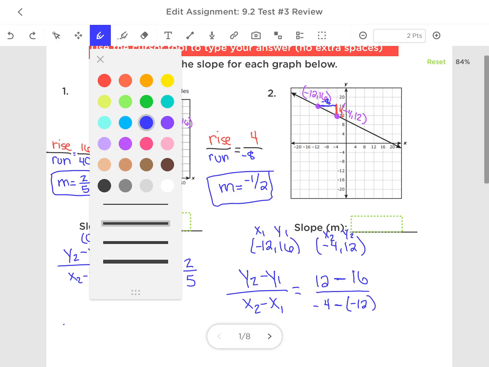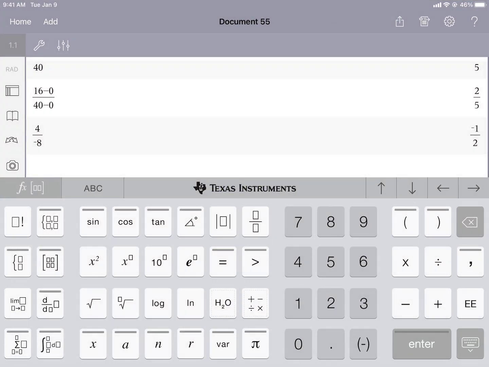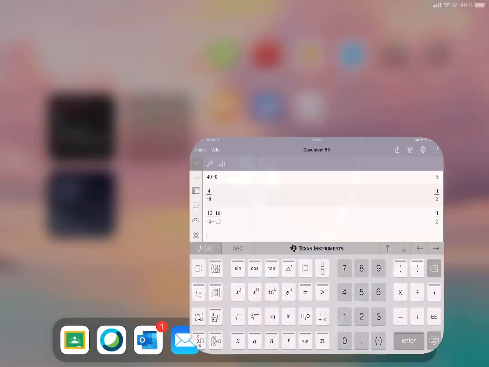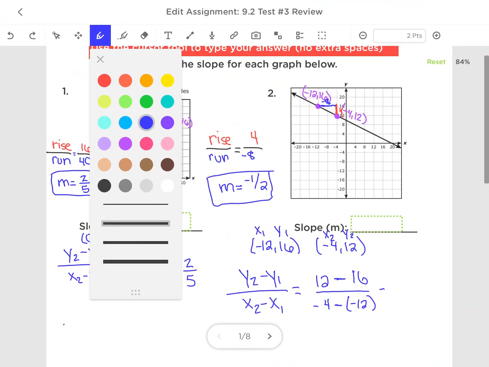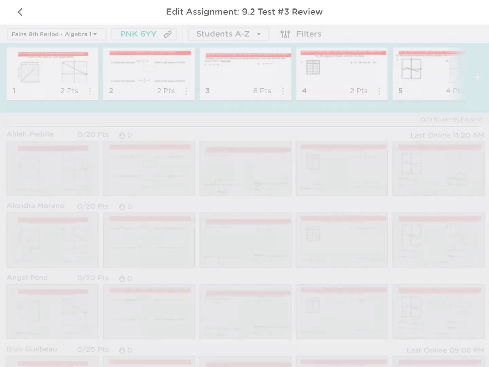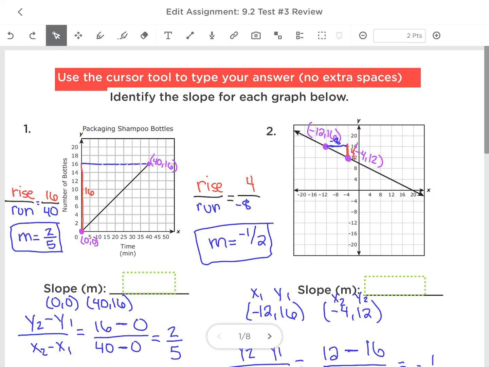And I'm going to type that into the handy dandy calculator. When I type it in, I also get a negative 1/2. So again, you would do the Move Select tool, click the box, type in a negative 1/2 with no extra spaces. Oops, sorry. That's what it's like to find the slope given a graph.